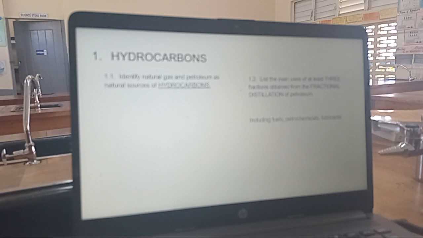Fossil fuels. These are fuels that have been made by anaerobic decomposition, usually from dead organic matter, which includes plants and animals. Of course, these dead remains have been exposed to high temperature and pressure underground for millions of years.